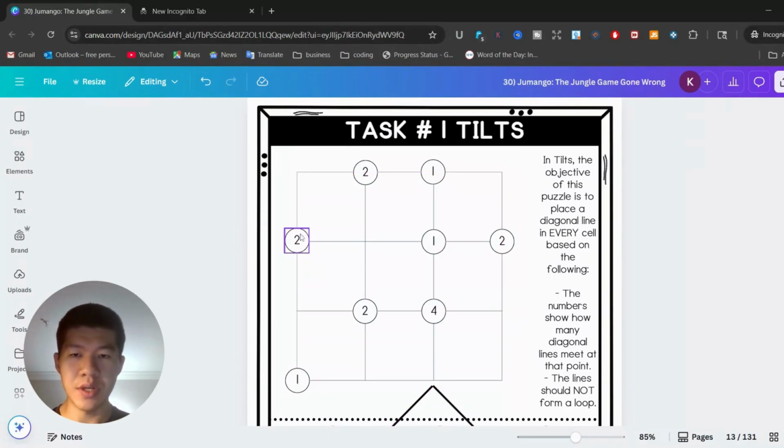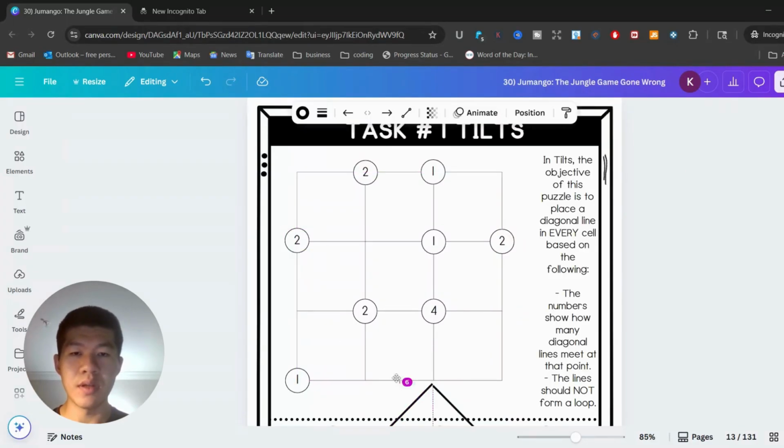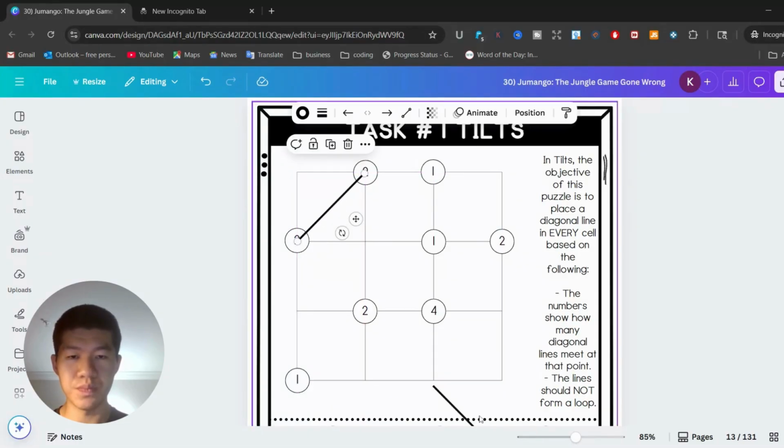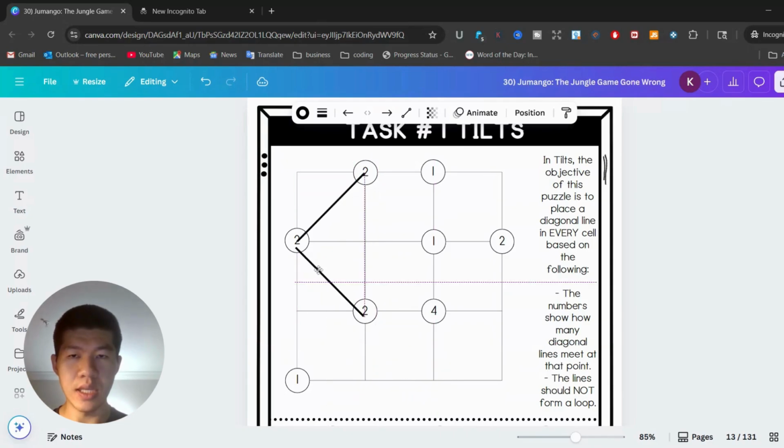Starting off with this 2, I can see that there are 2 diagonal lines that meet here. So logically speaking, I can try to place a diagonal line here and a diagonal line here. Okay.